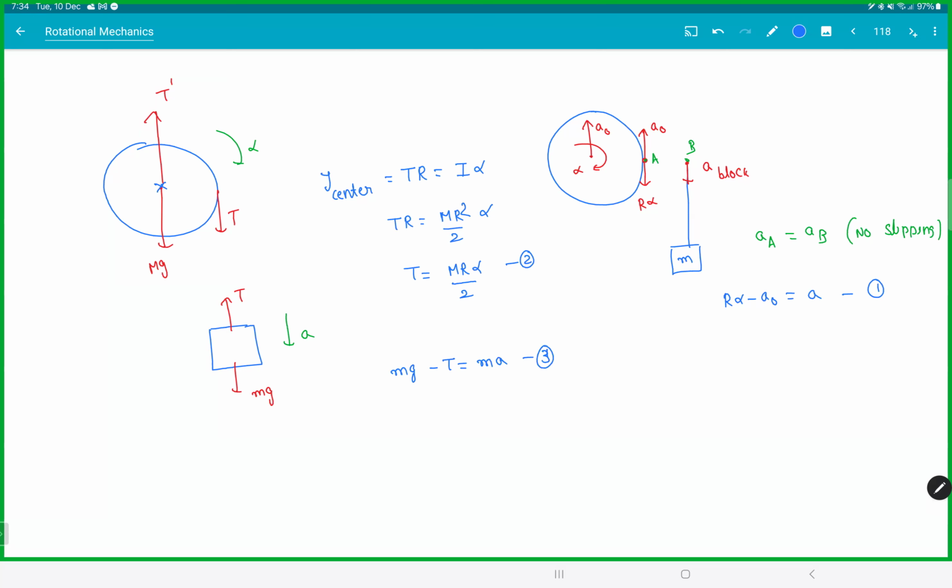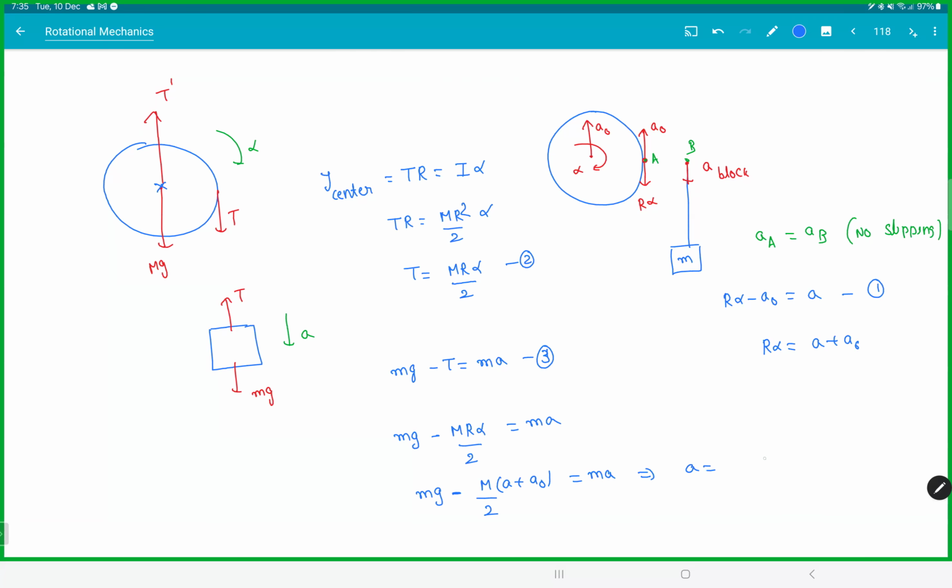There, you know everything. What do you want to find? You want to find the acceleration of the block. Means I don't want tension and alpha. So substitute here. This would be mg minus m capital R alpha by 2 is ma. And from here R alpha is a plus a naught. Substitute that also. mg minus m(a plus a naught) by 2 is ma.